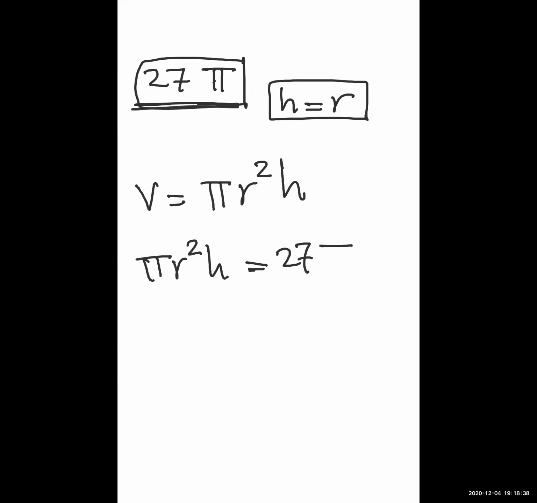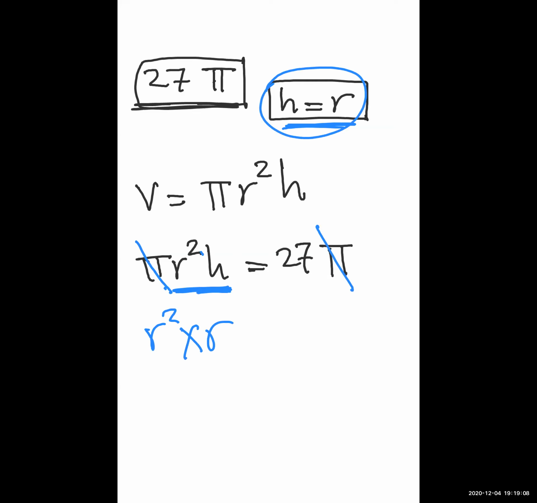27π. So now, guys, we can simplify this one, remove π with π. It's given in the question that the height equals the radius. So I want to get the radius, this means r squared times r, instead of h, because the height equals the radius.